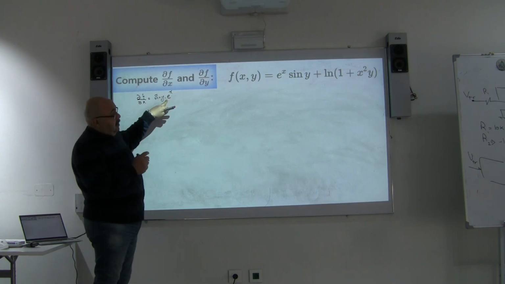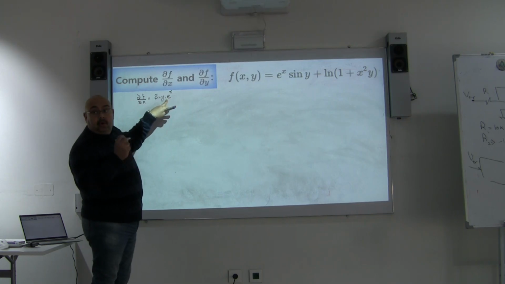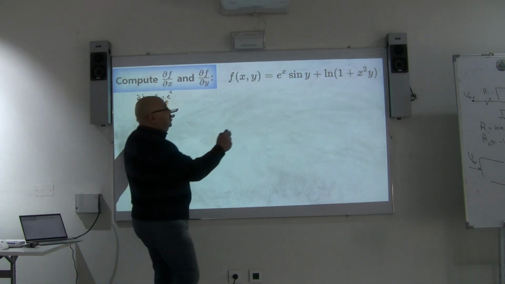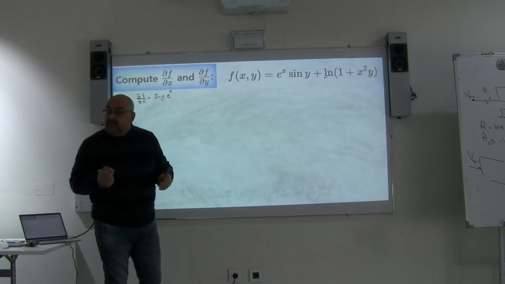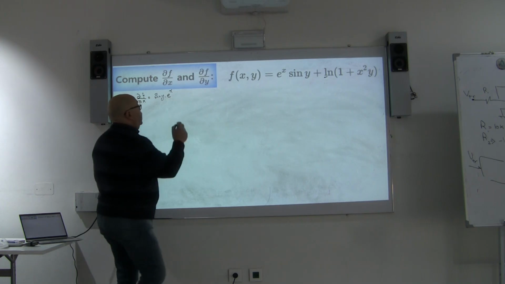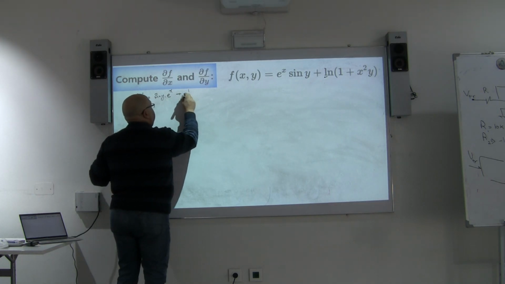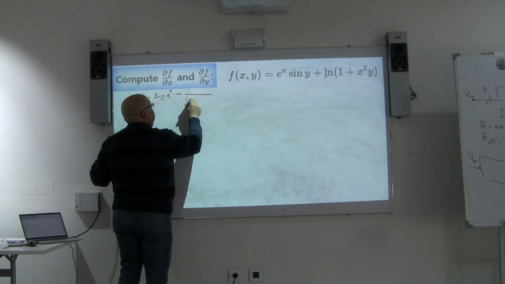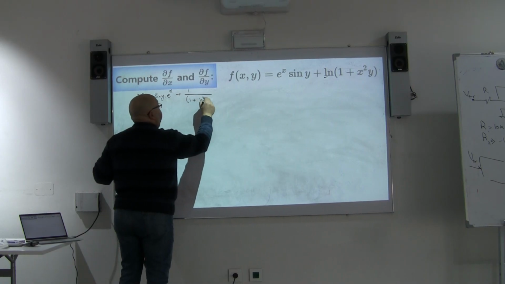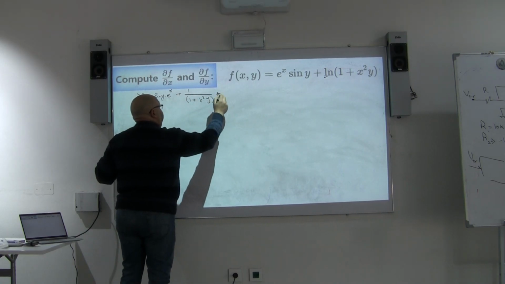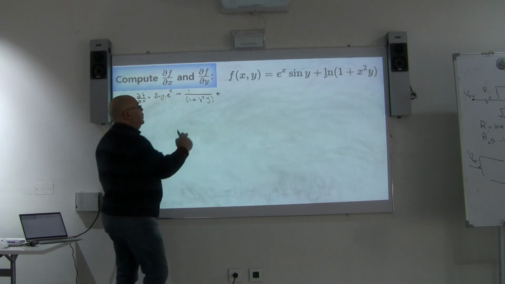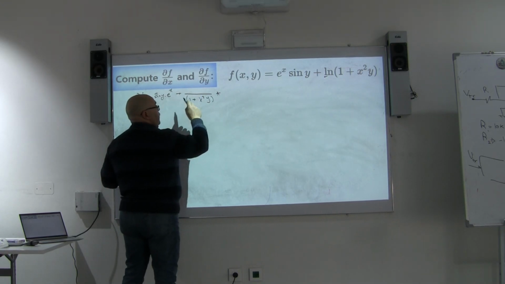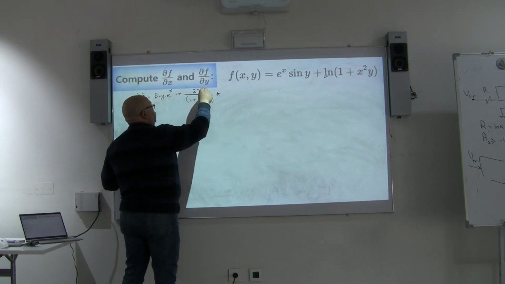For the second part, which contains the ln of 1 plus x squared y, I first differentiate the ln function, then the argument of the ln function, as you know. So it's going to be plus 1 divided by 1 plus x squared y, times the derivative of the argument with respect to x, which is 2xy.